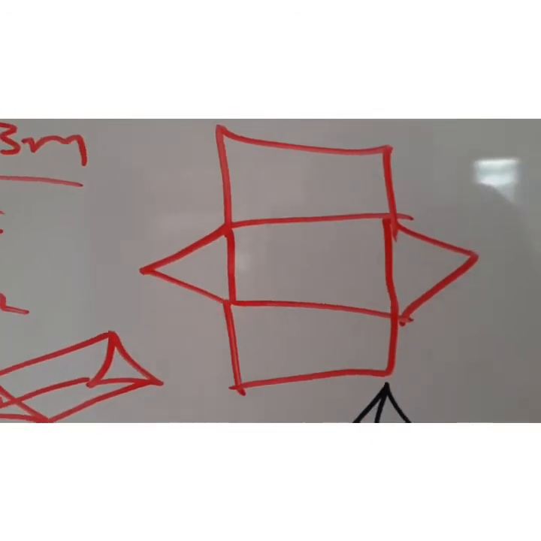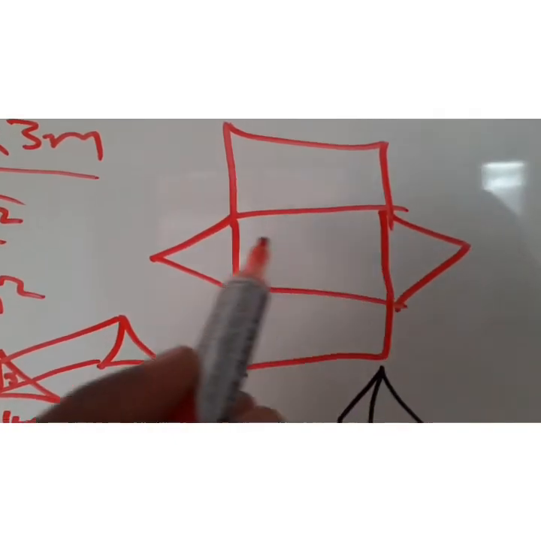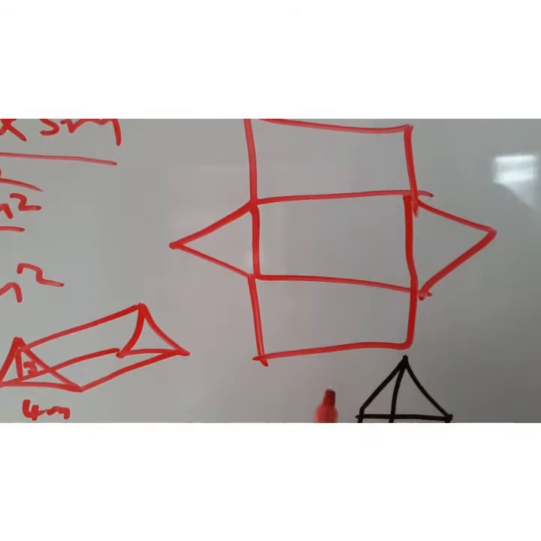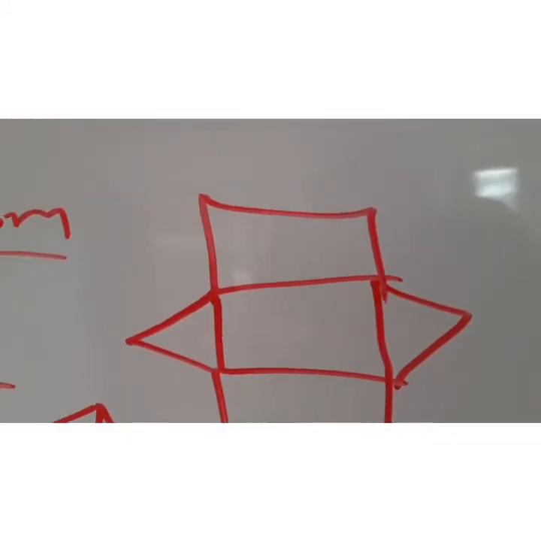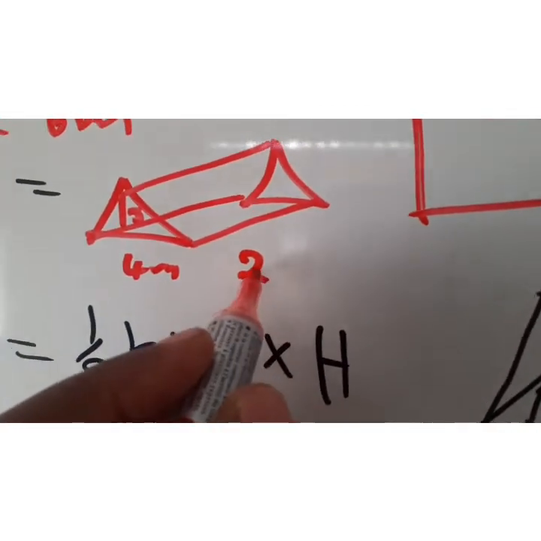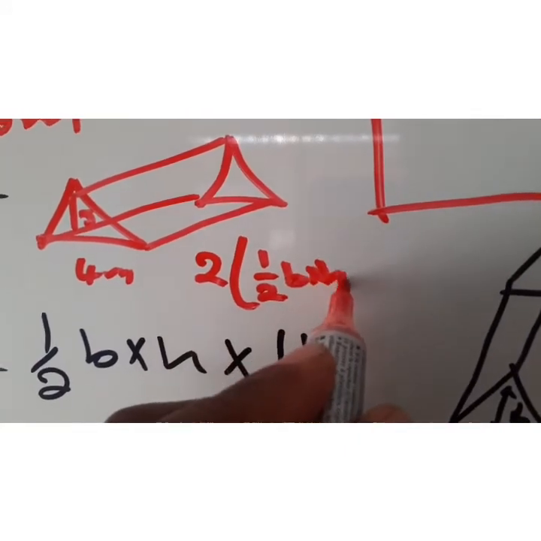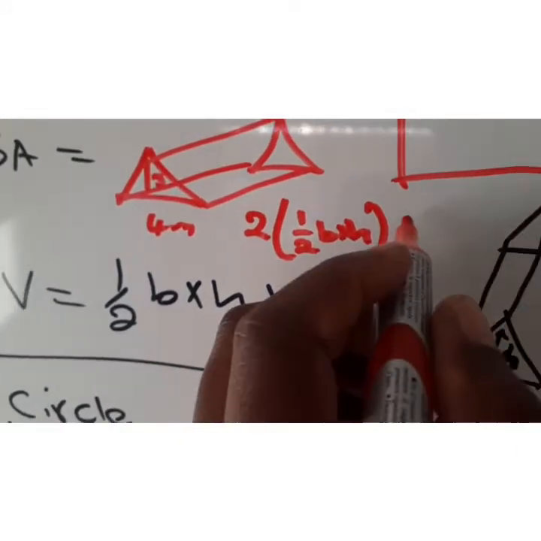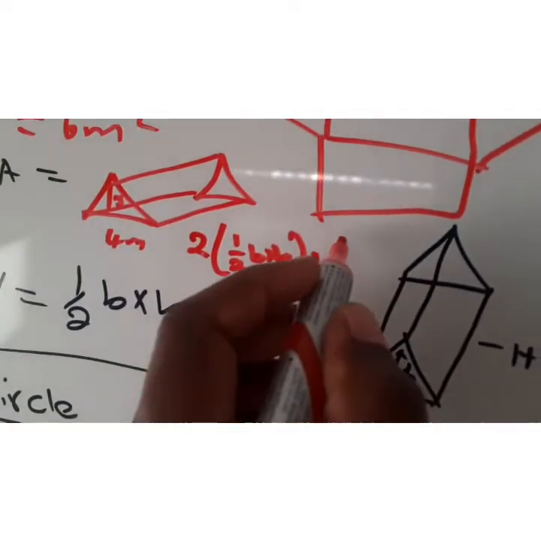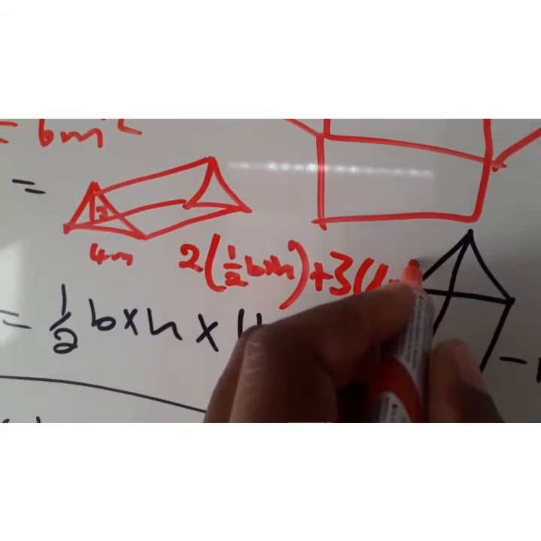So without working with the formula that they would have given you, you calculate for 2 areas of the triangles and 3 areas of your rectangles. You're actually having 2 multiplied by half base times height, for the 2 triangles. You add your 3 rectangles there, which will be 3 times length times breadth right there.